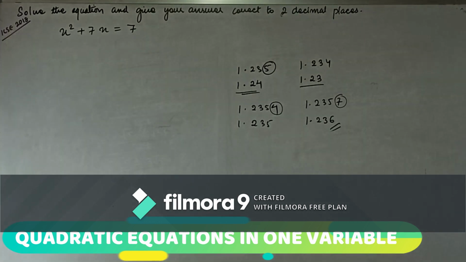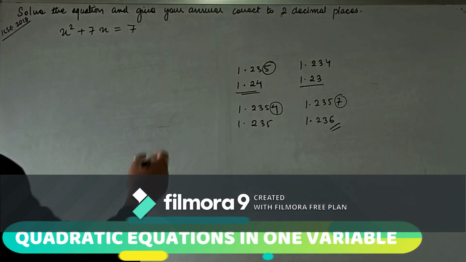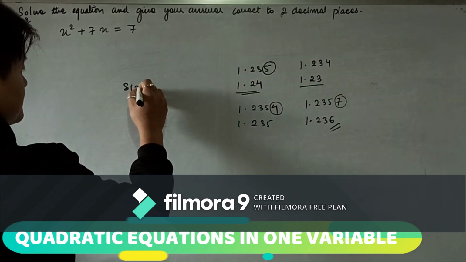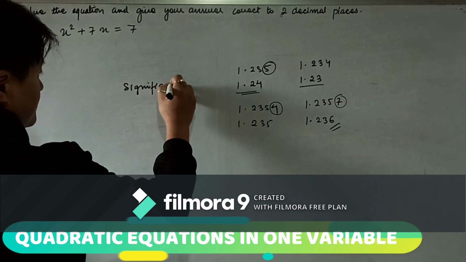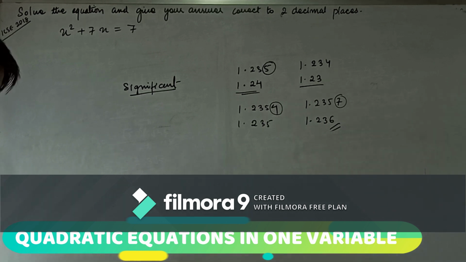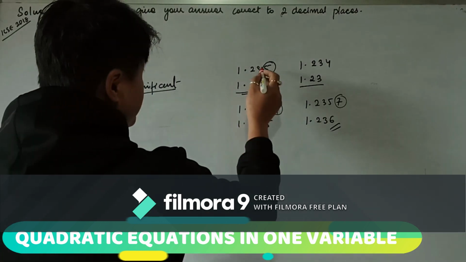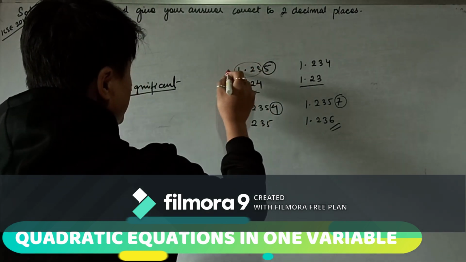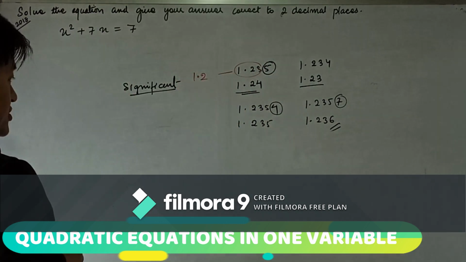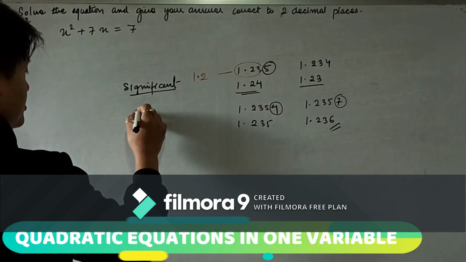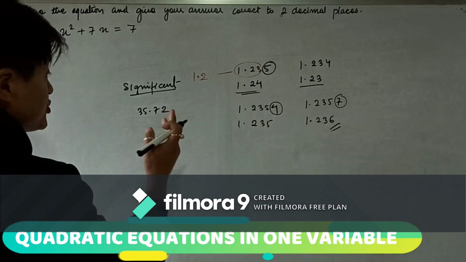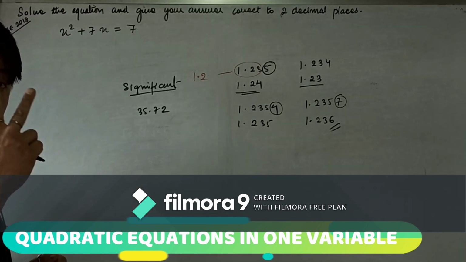Sometimes it will also be given: give your answer correct to two significant figures. If it is asked to find the answer in two significant figures, from here the two significant figures will be only 1.2. Suppose you get the answer 35.72. For two significant figures, we just write the two numbers only.